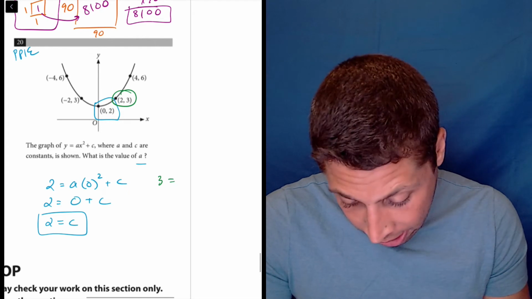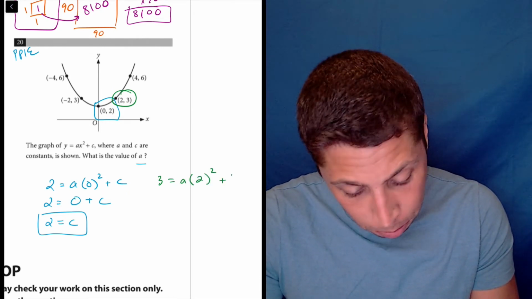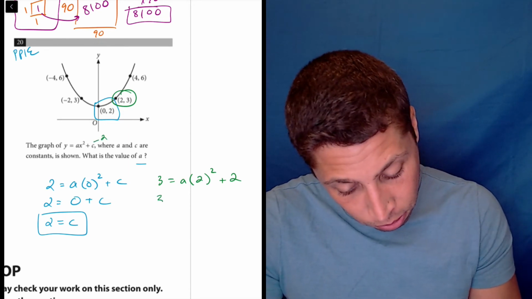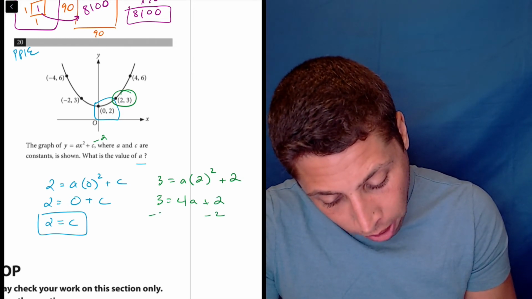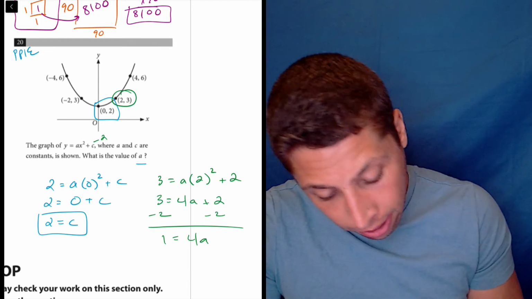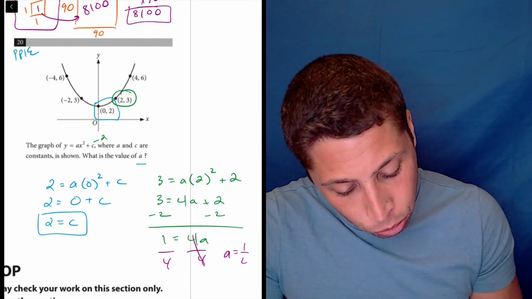So 3 is equal to A times 2 squared plus 2, because C is 2. So 3 is equal to 4A plus 2. Subtract 2 from both sides. 1 is 4A. And then divide by 4, and we get that A is equal to 1/4.